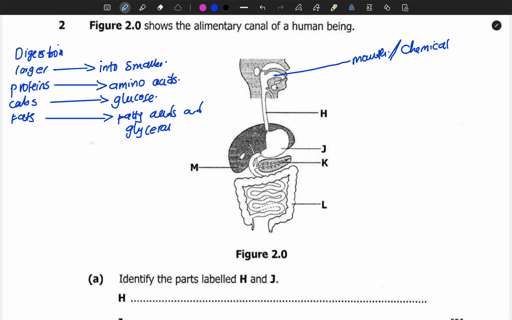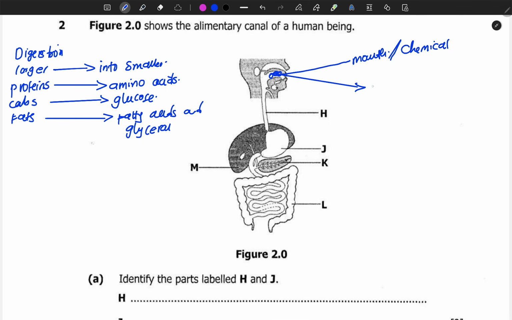Then the process of digestion begins with ingestion. Ingestion is the uptake of food into our mouth. When the food is placed in our mouth, we have about 3 glands that are responsible for secretion of saliva.